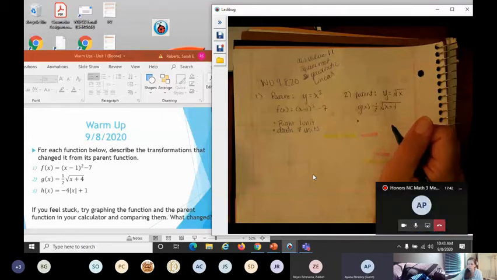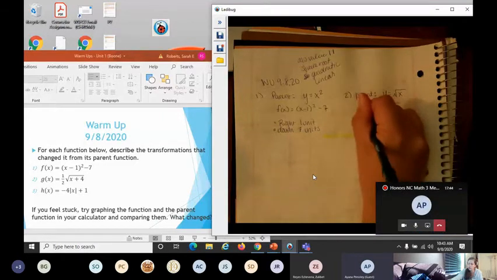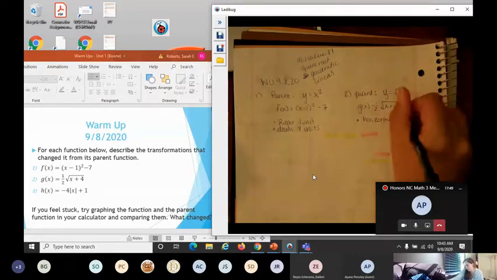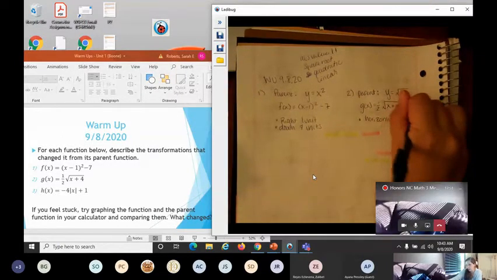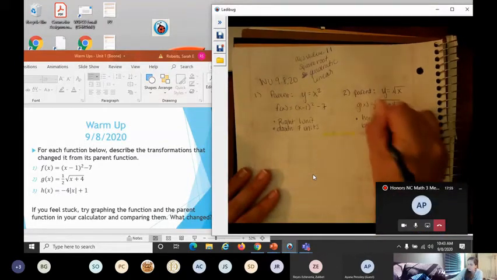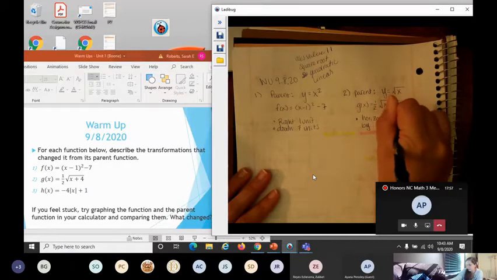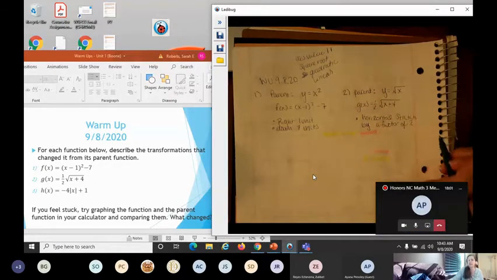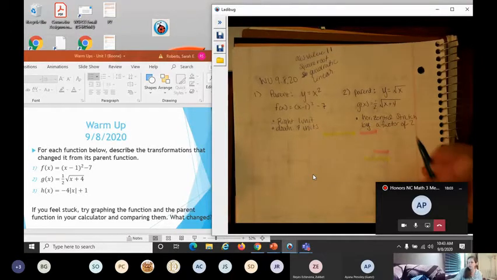It's going to make it fat. Yeah, which means it's going to be a horizontal stretch, by a factor of 2. Okay, it flattens it out, so that it's twice as wide as it was before.